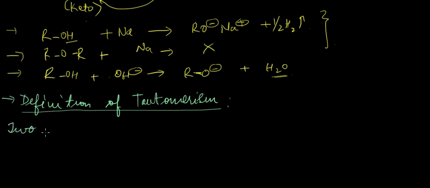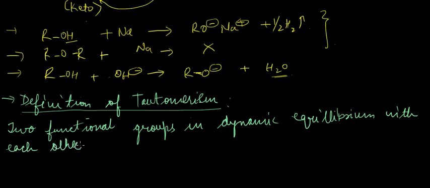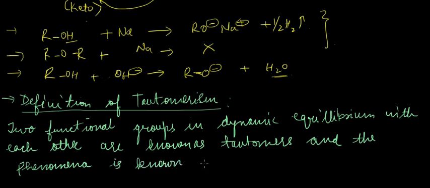So two functional groups in dynamic equilibrium with each other are known as tautomers, and the phenomenon is known as tautomerism.